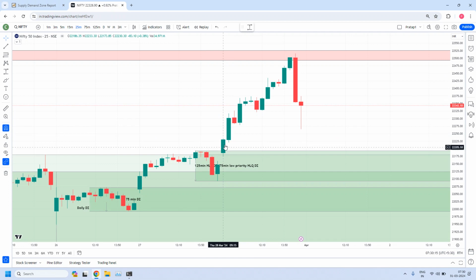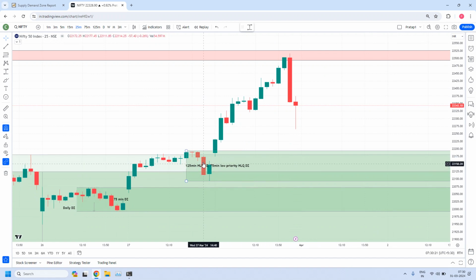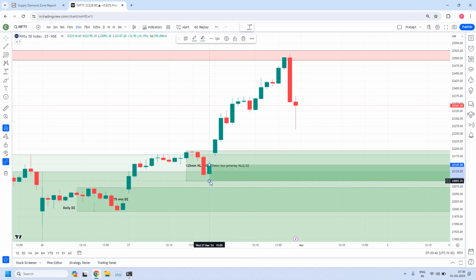So I am considering this a drop base rally. This is the way I draw. So this is a 25 minutes demand zone.